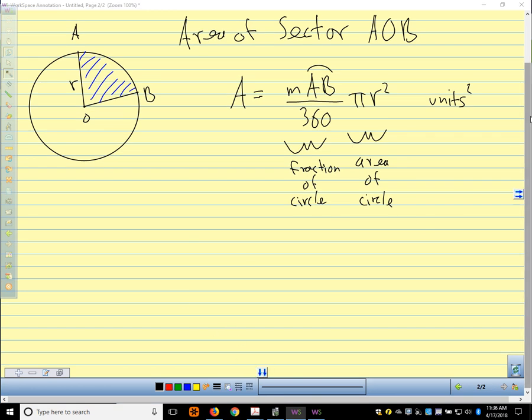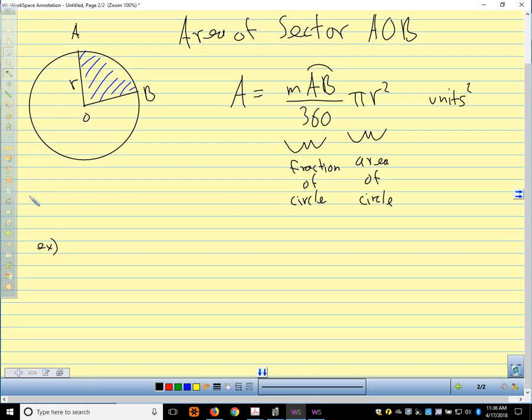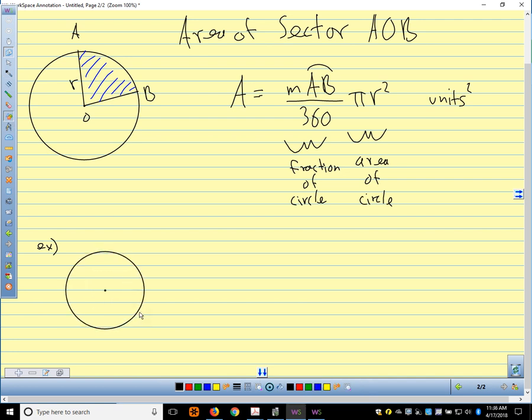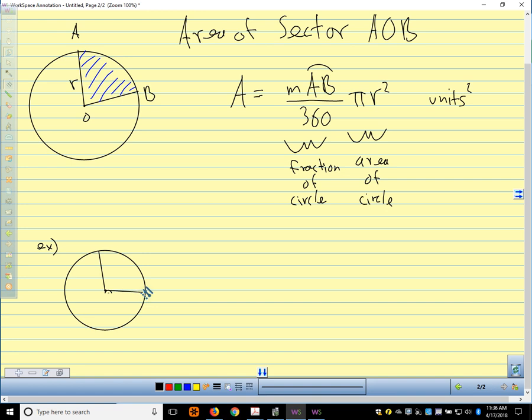So let's look at an example. Here's my circle. Let me get rid of that little circle. There we go. So we're going to say that's an 84-degree angle. The radius is 9 millimeters.